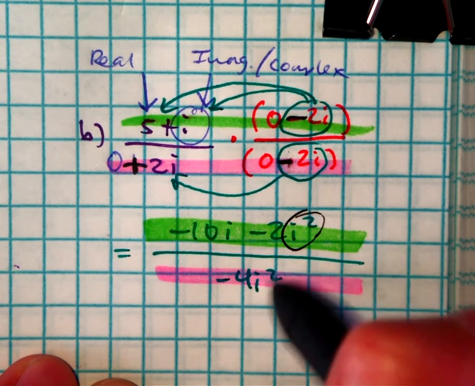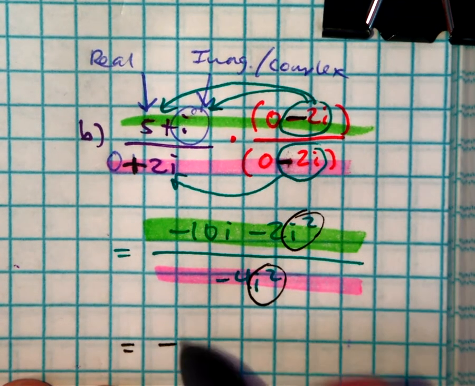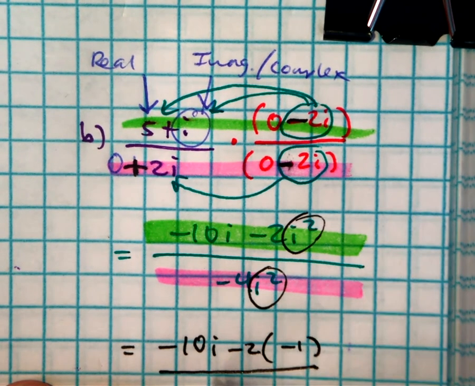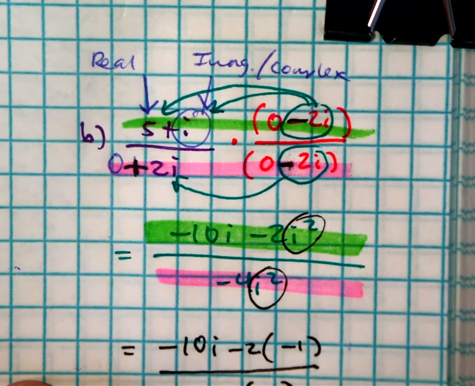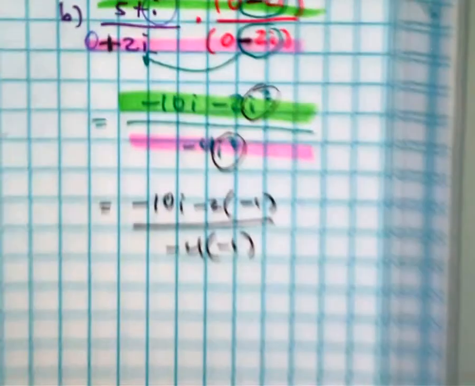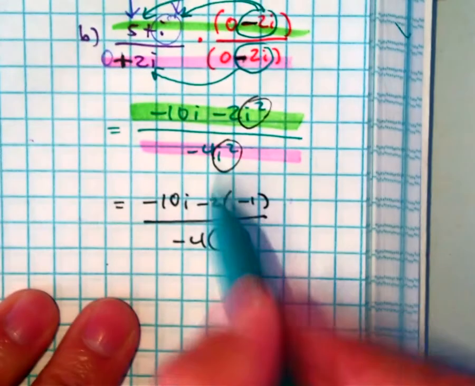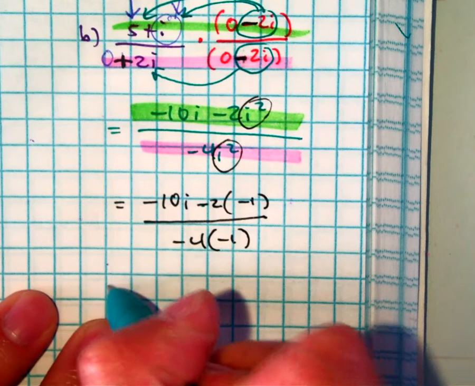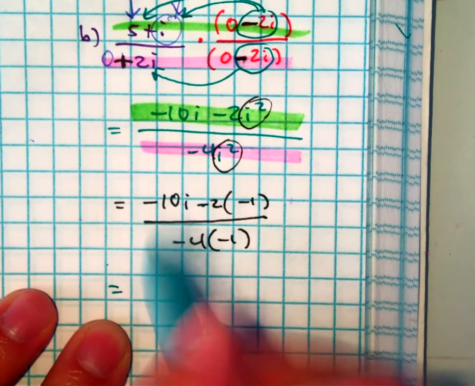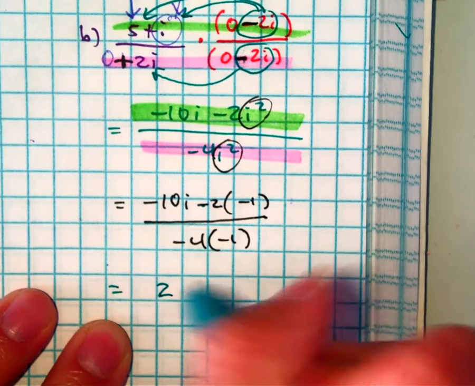I squared equals what, class? So negative 2 times negative 1 over negative 4 times negative 1. And then all we have to do here is just simplify. Negative 2 times negative 1. Okay, pay attention. I'm moving this positive 2 in front because I want the real first.